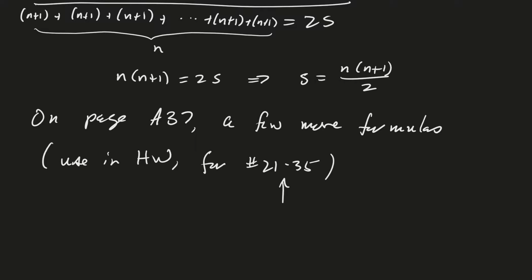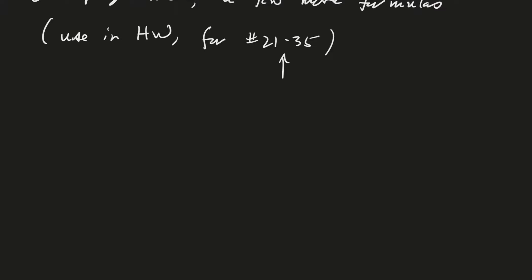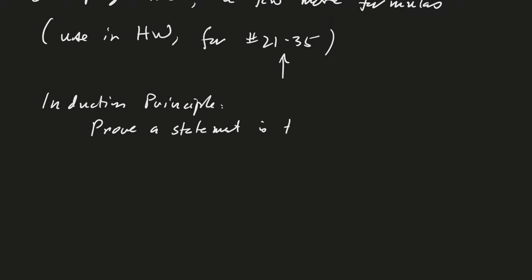Let's see, I'm going to set something up for next year, and that is the induction principle. It's a different way to prove a statement. So we want to prove a statement is true for all integers, or for all positive integers n.